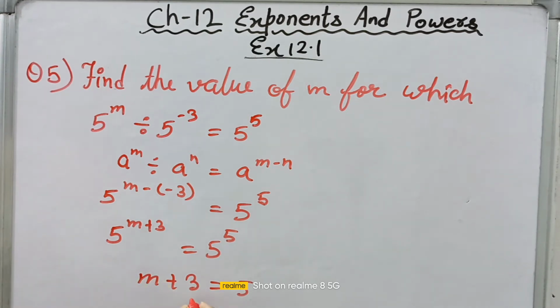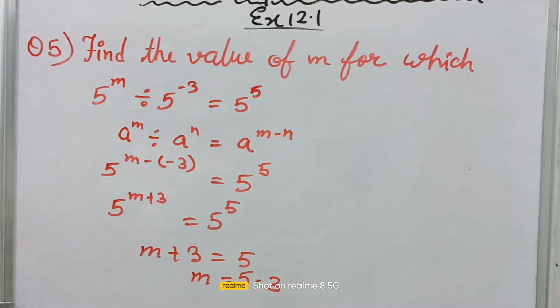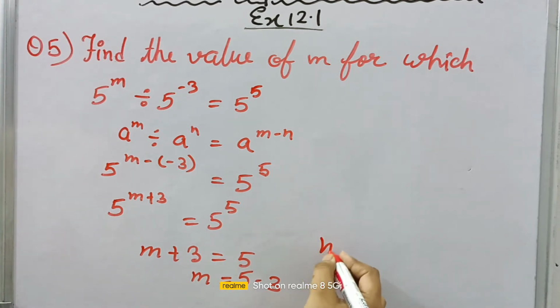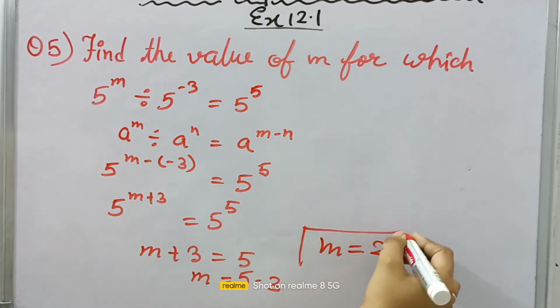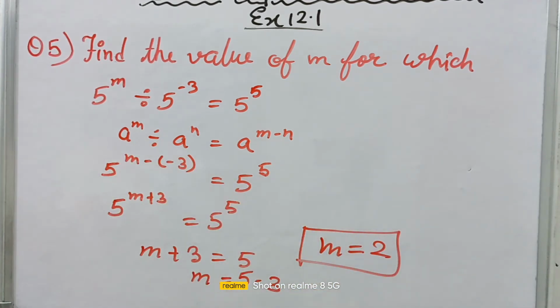Now we will solve it. m equal to 5. Transpose this 3 to RHS, it becomes minus 3. Now after solving this 5 minus 3, we get m equals 2. So value for m is 2.